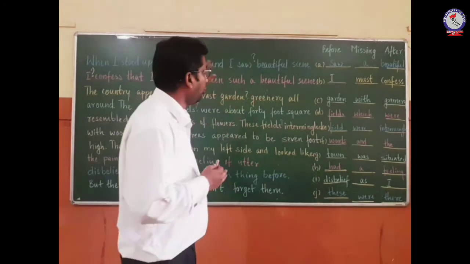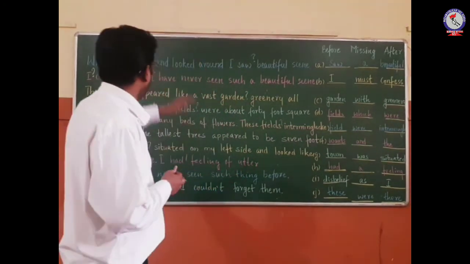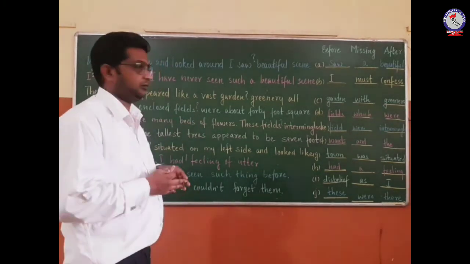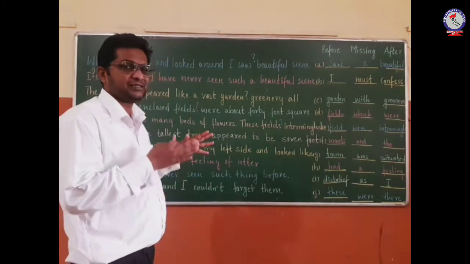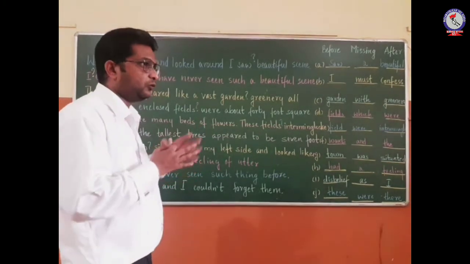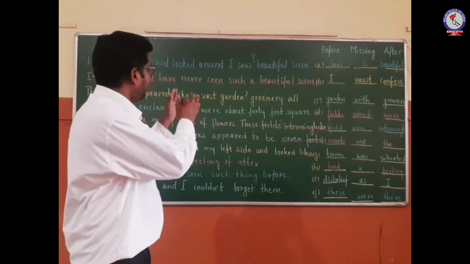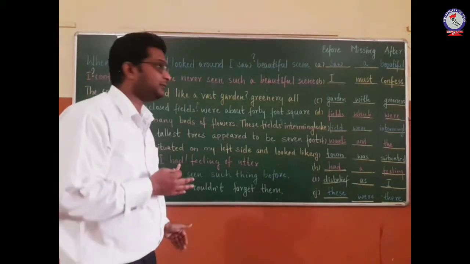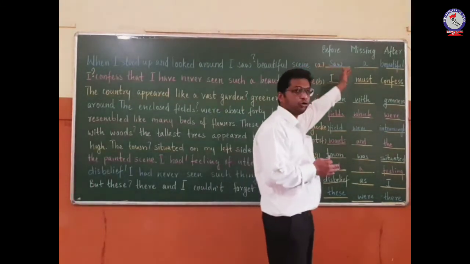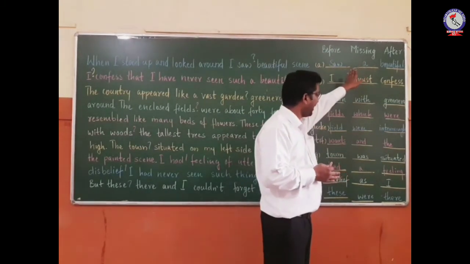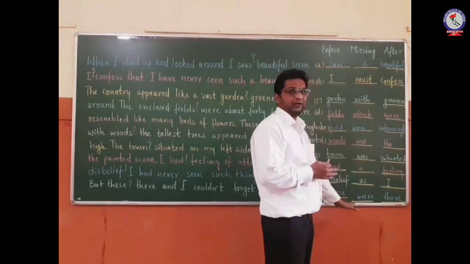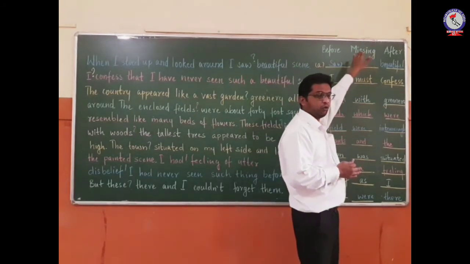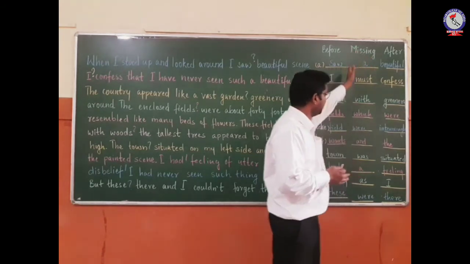You see here on the board, there is a paragraph, and in each line, one word is missing. So what will we do? We will find that word which is missing in each line, and then we will write that missing word at the center in the given space. As you can see here, the missing word is given here in the given space.